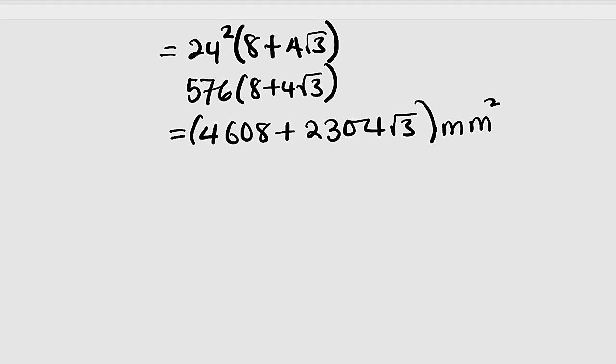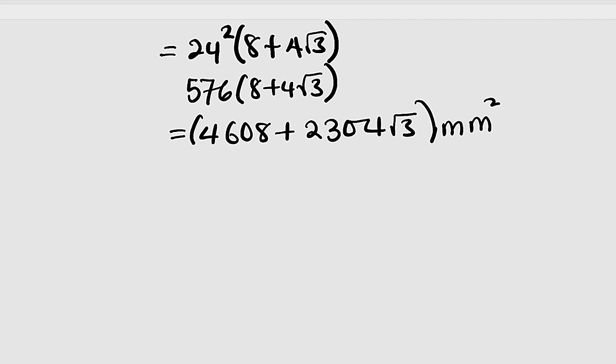But if you want to get the approximate answer, find root 3, multiply it by this, then you add to this. Let's do that. The square root of 3 is approximately 1.73. Then if you multiply that by 2,304, that will give us approximately 3,990.